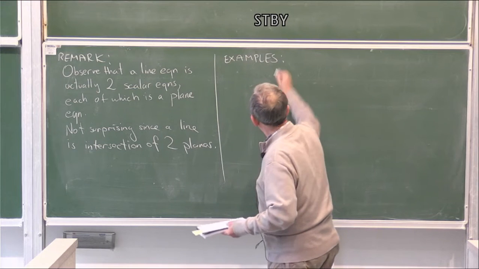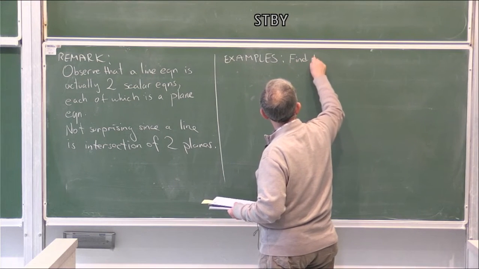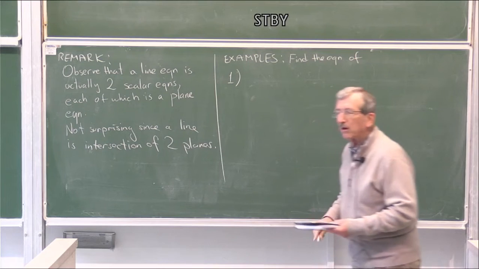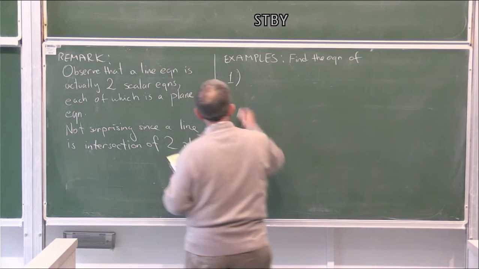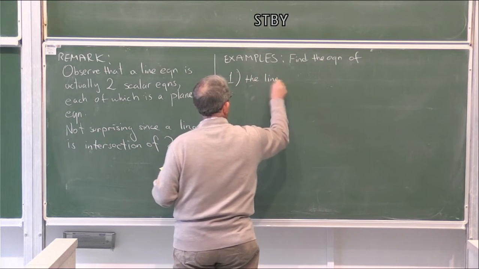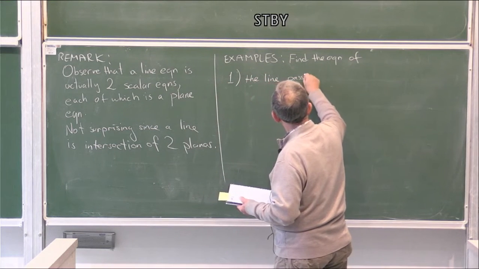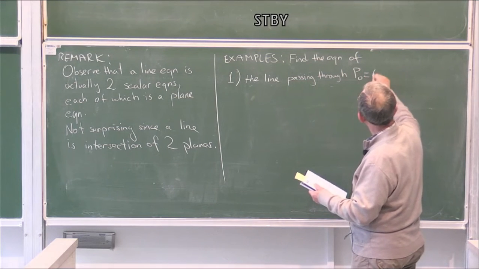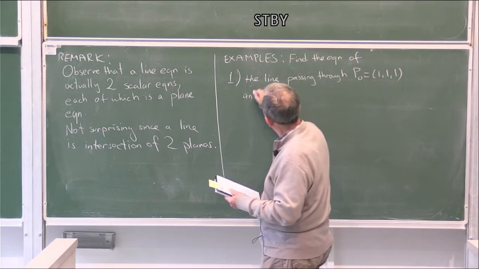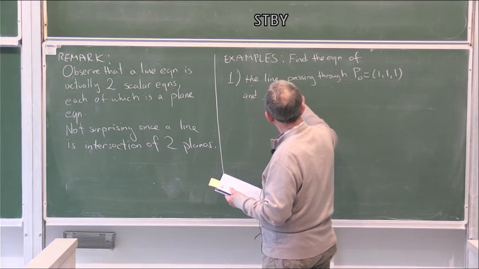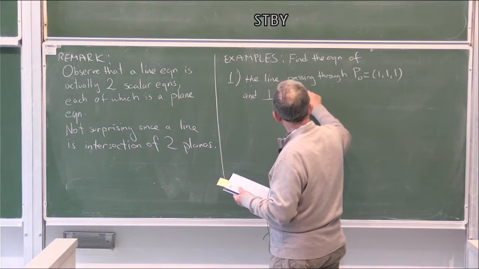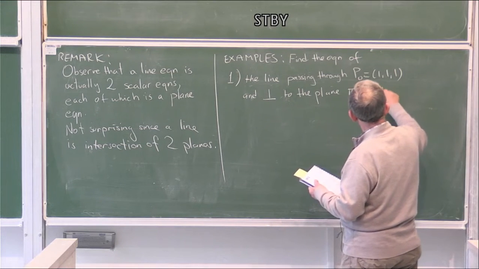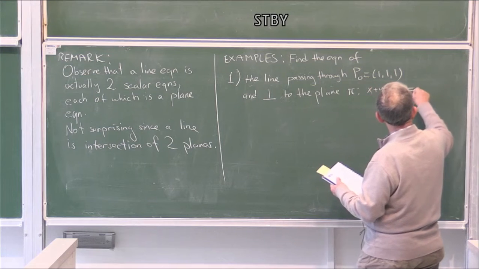The question is, find the equation of, well, it will change from problem to problem, so let us say of the line passing through a point, say 1, 1, 1, and perpendicular to the plane pi, which is given by x plus y minus 3z is 3.